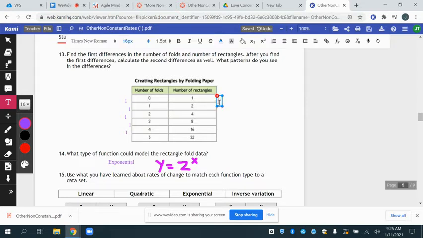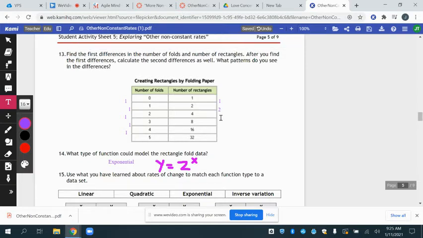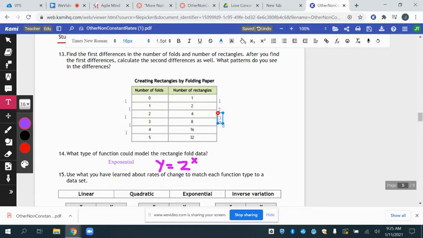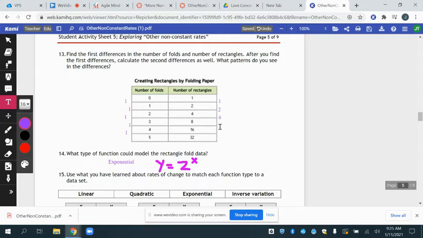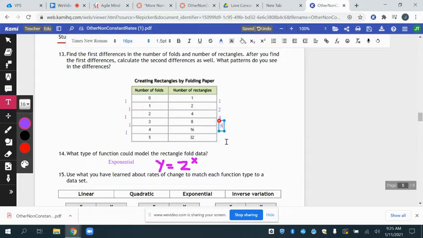Over here, this goes up by 1, but then it goes up by 2. And then it goes up by 4. Oops, not 3, 4. And then it goes up by 8. 8 to 16 is 8.